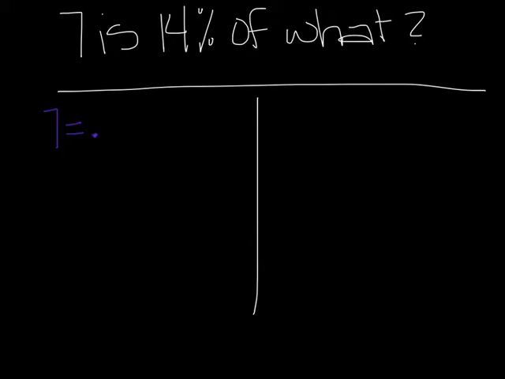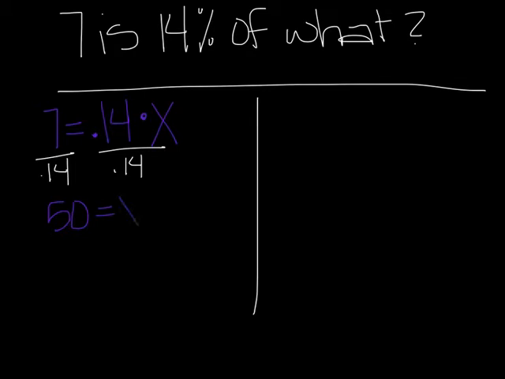Remember, we write percent as a decimal, 0.14. Of is multiplication, what? Which is just another way of saying x. So now we just divide both sides by the coefficient, which is 0.14. And we have 50 equals x. So 7 is 14% of the number 50.